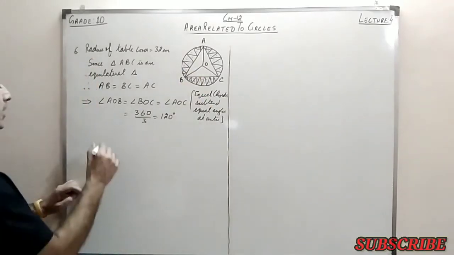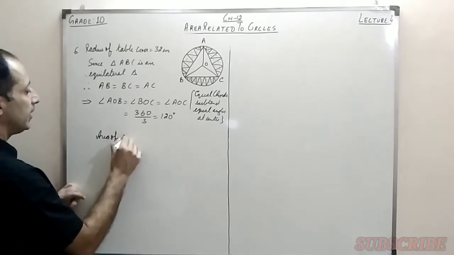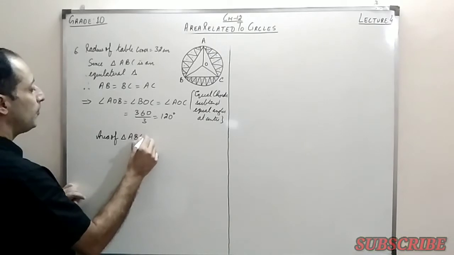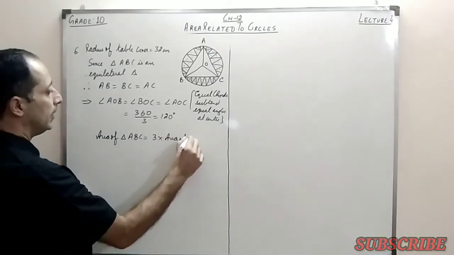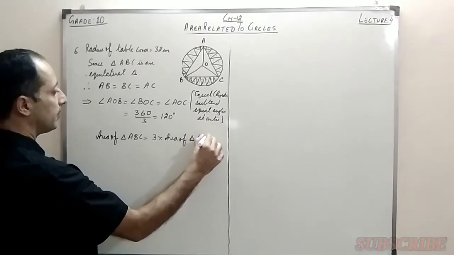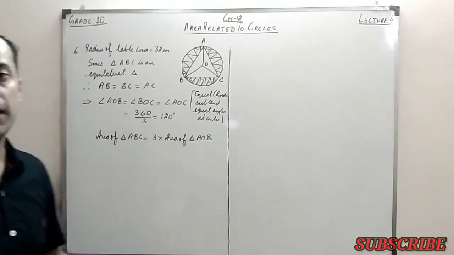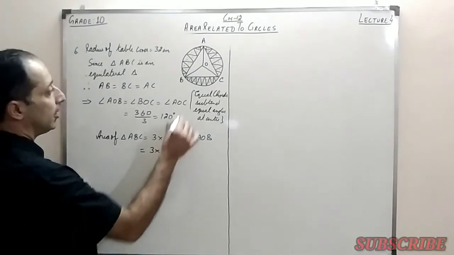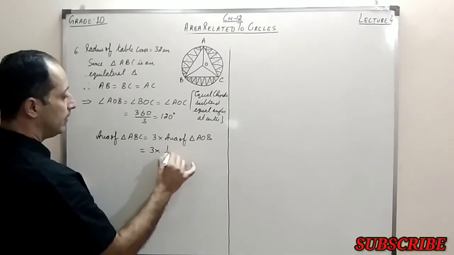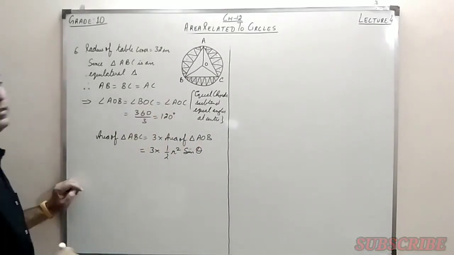So area of triangle ABC would be equal to 3 times area of triangle AOB or BOC or AOC, any of the names we can write. So this is 3 times 1 by 2 r square sine theta.